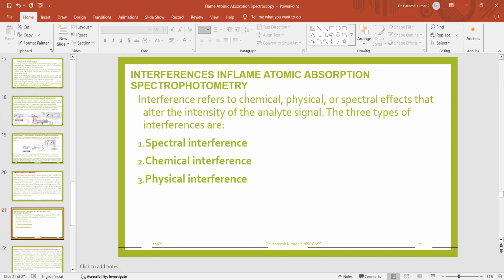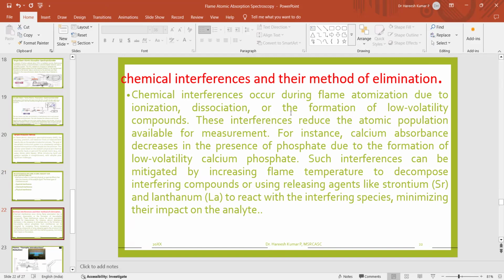Interference. In flame atomic absorption spectroscopy, interference refers to the chemical, physical, or spectral effects that alter the intensity of the analytical signal. The three types of interference are spectral interference, chemical interference, and physical interference. Chemical interference and its method of elimination: chemical interference occurs during the flame atomization due to ionization, dissociation, or the formation of low volatility compounds. These interferences reduce the atomic population available for the measurements.